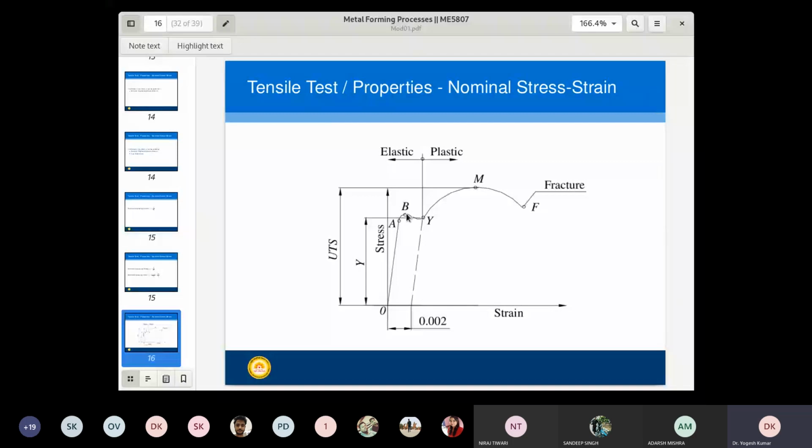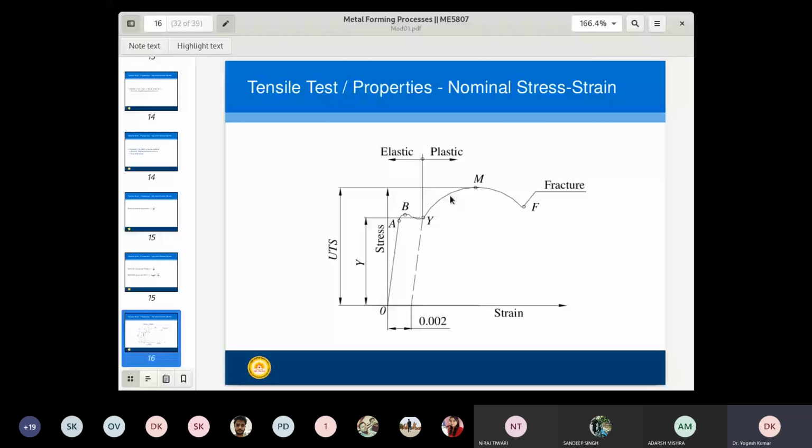So if we continue to apply forces on your workpiece beyond this, what will happen? Your material will be deformed with more strain, and a permanent deformation will occur on your test specimen.